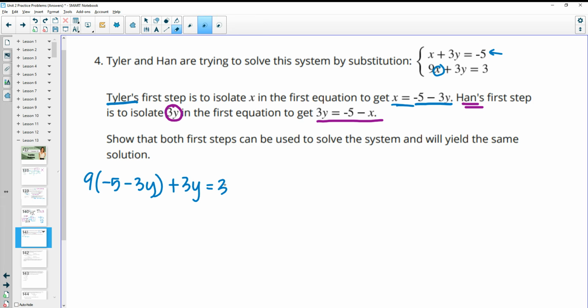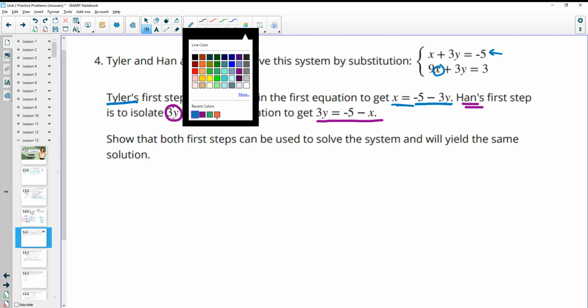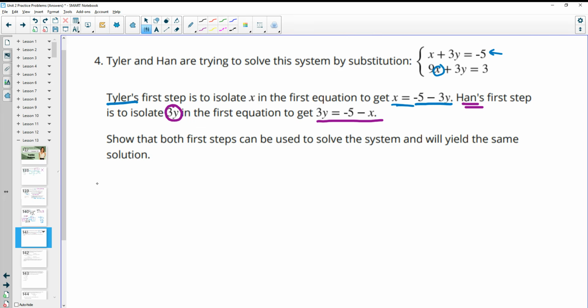Let me use some color so that we can see this a little better. That initial equation was 9 times x plus 3y equals 3, and Tyler's x value was negative 5 minus 3y. So he's just plugging in for that x right here.